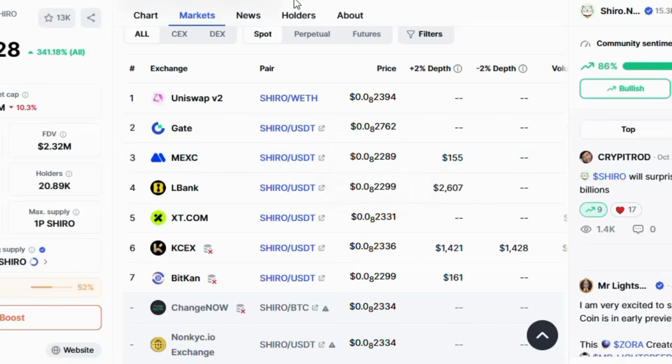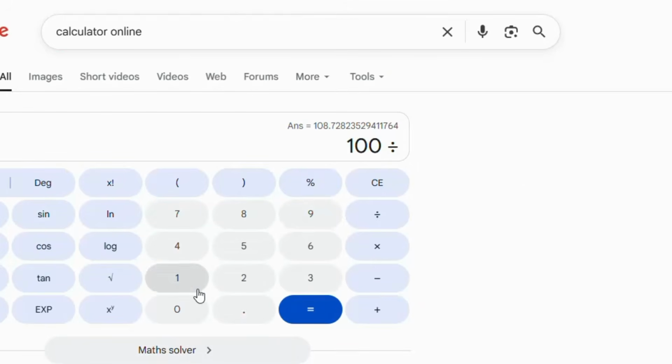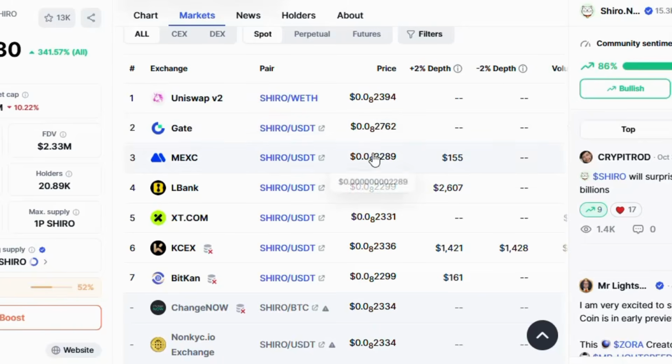I'm going to divide it by 0.082289, and this gives me 1215 tokens of the SHIRO. Then I'm going to multiply it by the selling price on Gate, 0.082762.